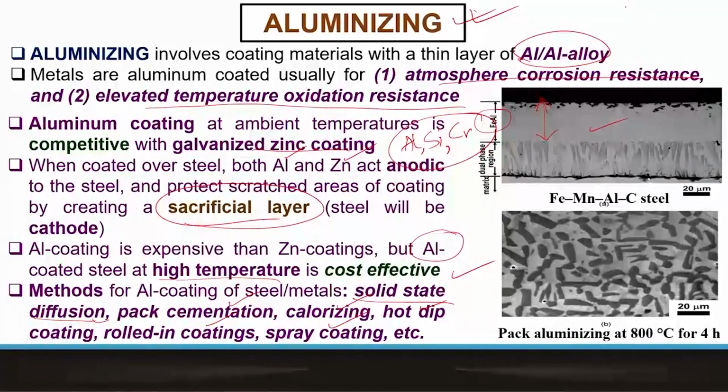Actually, the important thing to note here is that if we plot concentration of, say, aluminum as a function of distance from the surface, then we see a profile like this. This gradually decreasing, diffused profile is purely because it's a diffusional process. So obviously, the concentration is highest at the surface region.